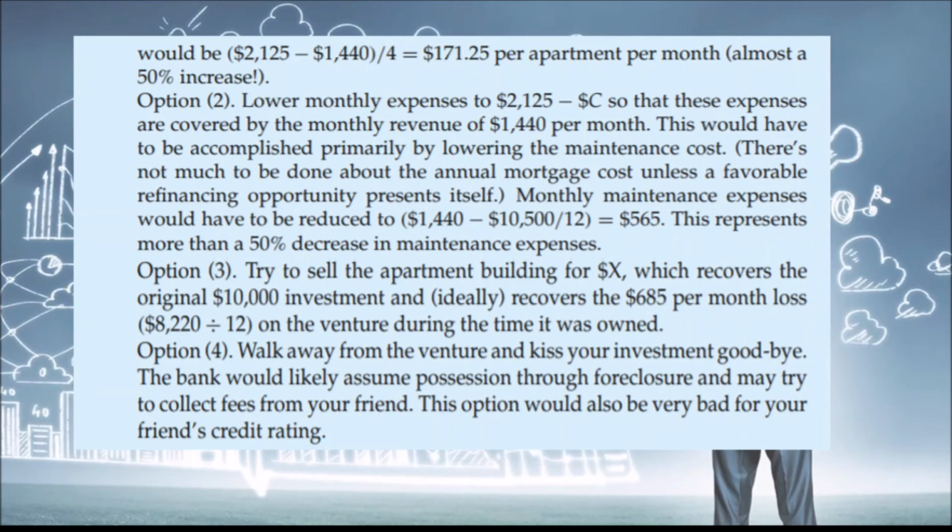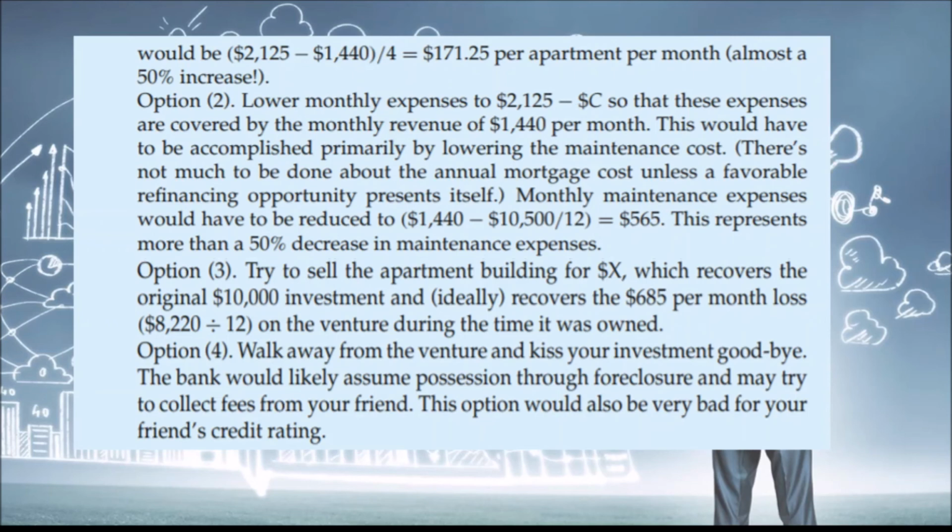For option 3, try to sell the apartment building for X dollars, which recovers the original $10,000 investment and recovers the $685 per month loss on the venture during the time it was owned.